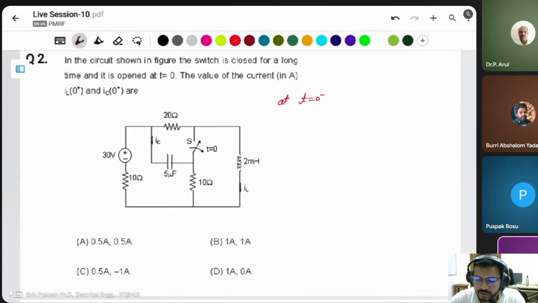Does anyone have doubts? First of all, we have to make the circuit at t equal to 0 minus. In this circuit, this is a voltage source, this is a resistance of 10 ohm, this is 20 ohm, and the switch is closed.